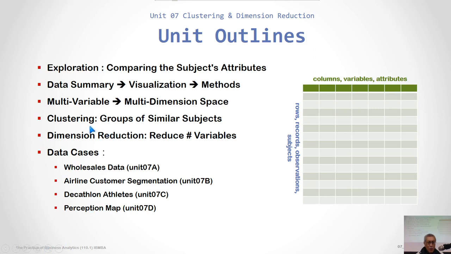And what we mean by clustering is we would like to group the similar subjects, which means in this direction, we want to put similar subjects together, right? So we can manage them group by group, right? For example, you have a lot of customers. The customers have different preferences, right?